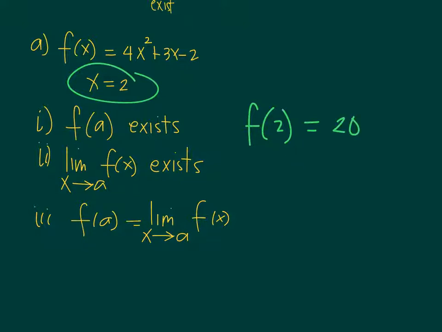So the value exists. Then we proceed to number 2, if the limit will exist. The limit as x approaches 2 of the function, and the basic technique when we do the limits is to substitute. So we will get the same number because we are substituting the same number. So part 3, are they the same? Yes. So it is continuous at x equals 2.